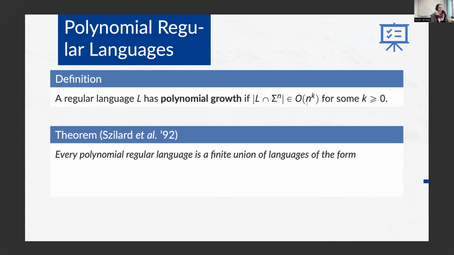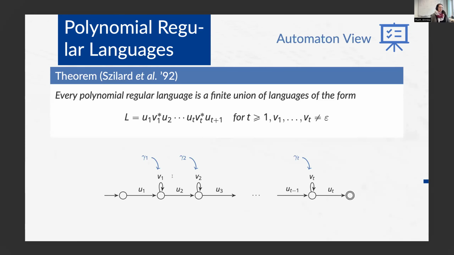This result states that every polynomial regular language is a finite union of languages of a really specific form. We can have some word, then something like a loop with the star, then again a word, and so on. This essentially means that if we have an automaton like this one, it can also have more states; it's just a simplified drawing.